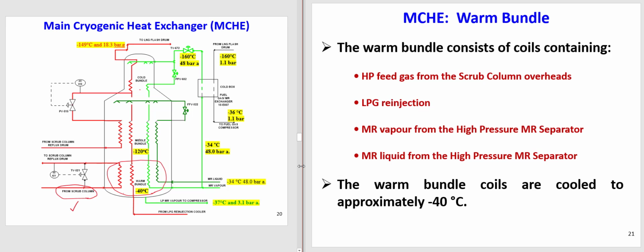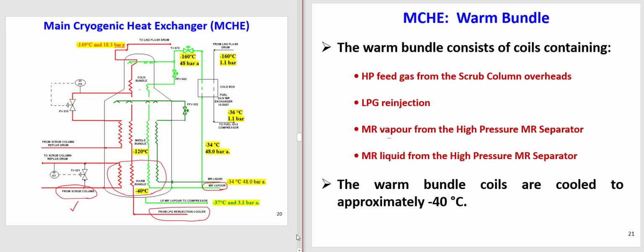Second, LPG reinjection. When we receive the LPG products after the fractionation unit, we can send them to this bundle. This is another stream. Third, mixed refrigerant vapor from the high pressure mixed refrigerant separator.